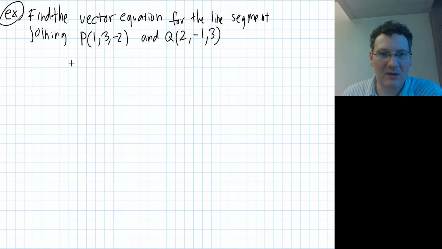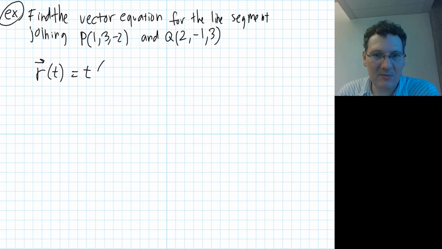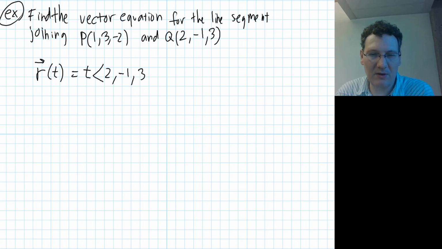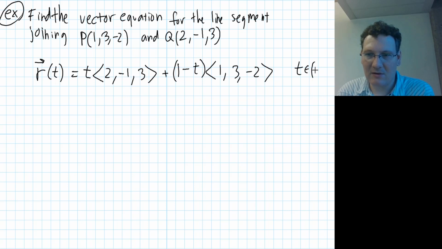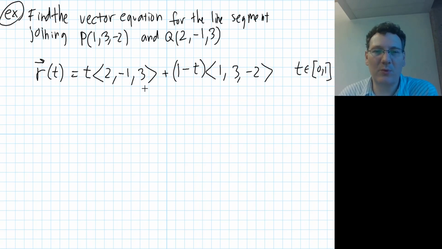What we can do is write this as r of t equals t times the vector 2 minus 1, 3 plus 1 minus t times the vector 1, 3 minus 2, where t is going to take values from 0 to 1. This is one way of connecting 2 points, and actually I could have swapped the 1 minus t and the t. Either way it would work.